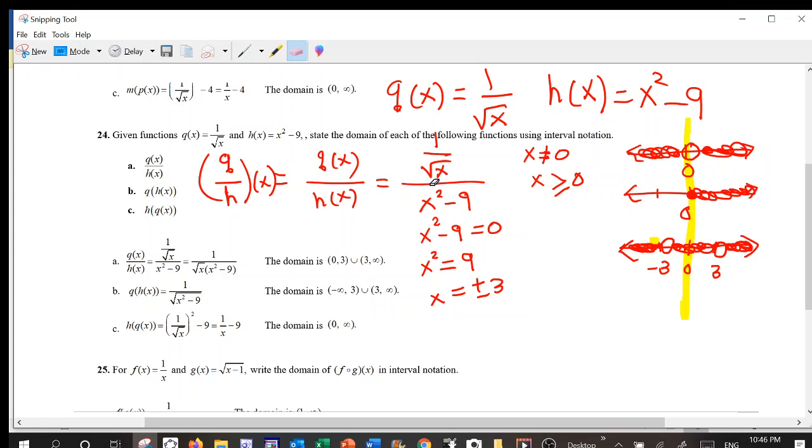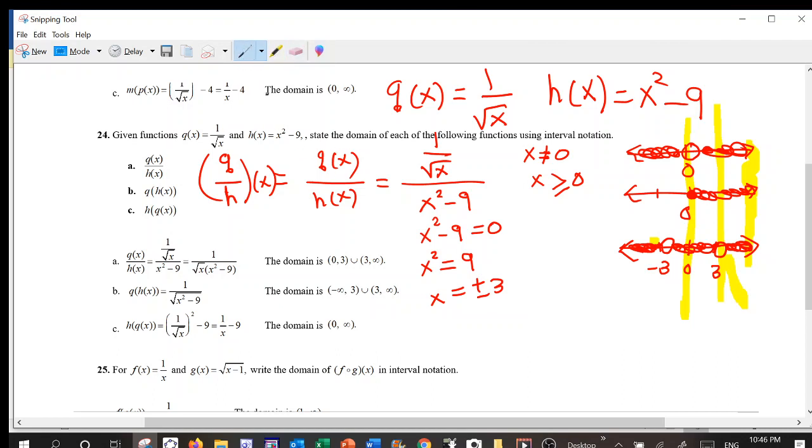This condition comes from the square root. And this condition comes from this denominator. They cannot be 0. Now, what do they have in common? Well, all of these are good, except for that number right there. 3 is no good.